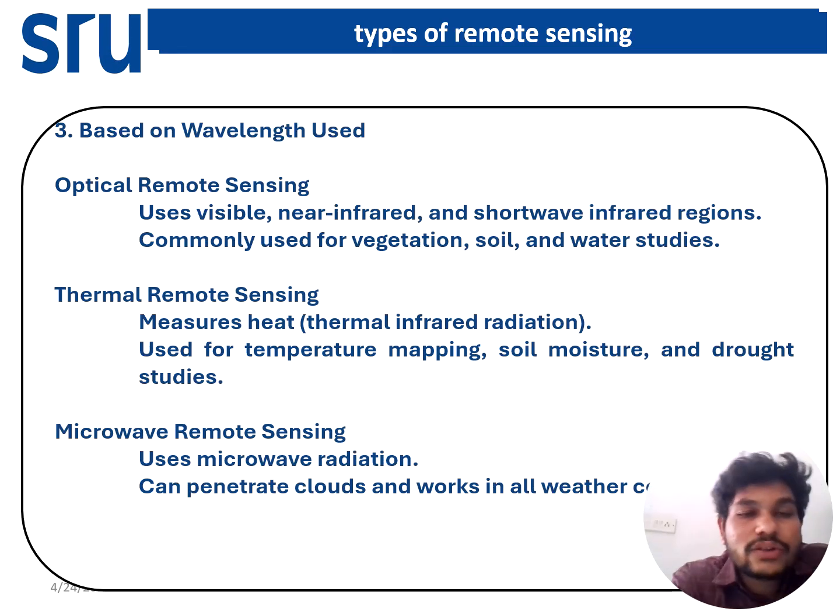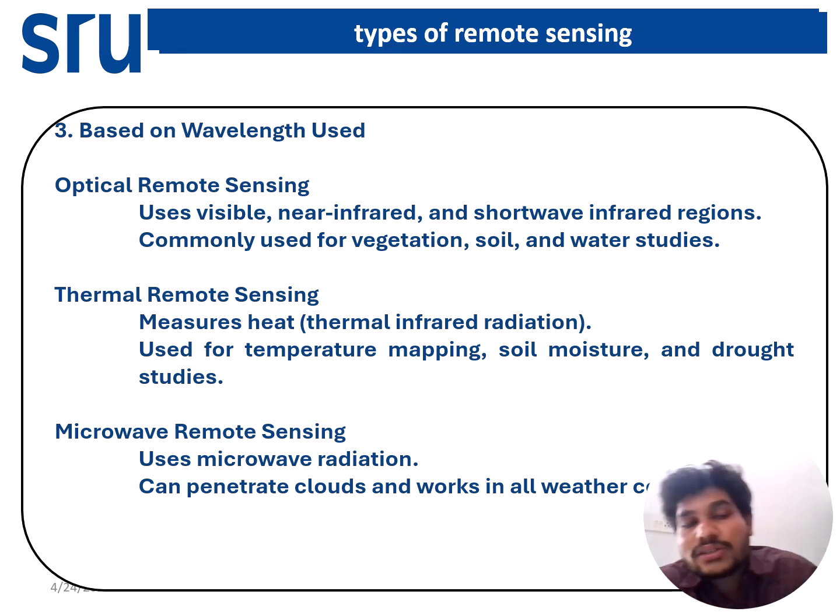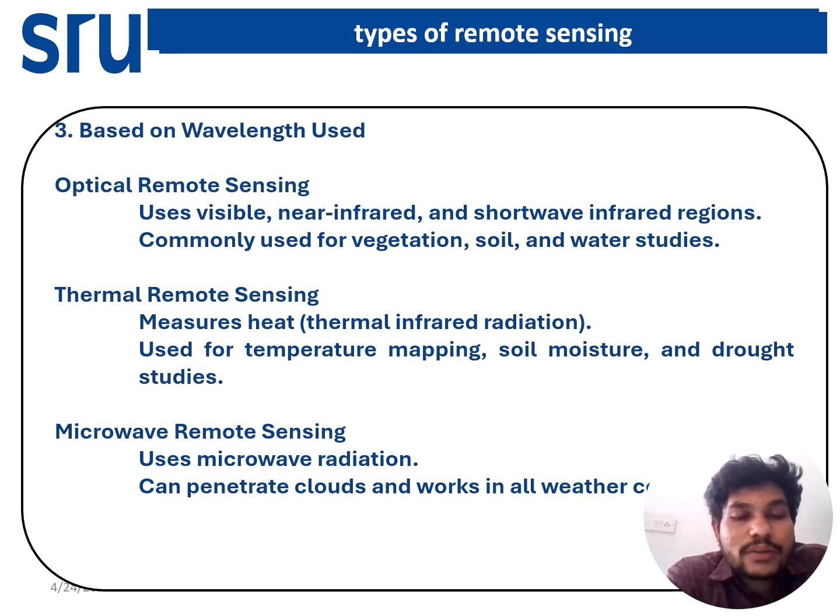Another type is based on the wavelength we use to identify the objects. For optical remote sensing, we use the visible, near infrared, and short wave infrared wavelengths, used for vegetation, soil, and water studies. Thermal remote sensing wavelengths we use for temperature mapping, soil moisture, and drought conditions. Microwave remote sensing wavelengths are used for cloudy conditions if we want to detect the objects.